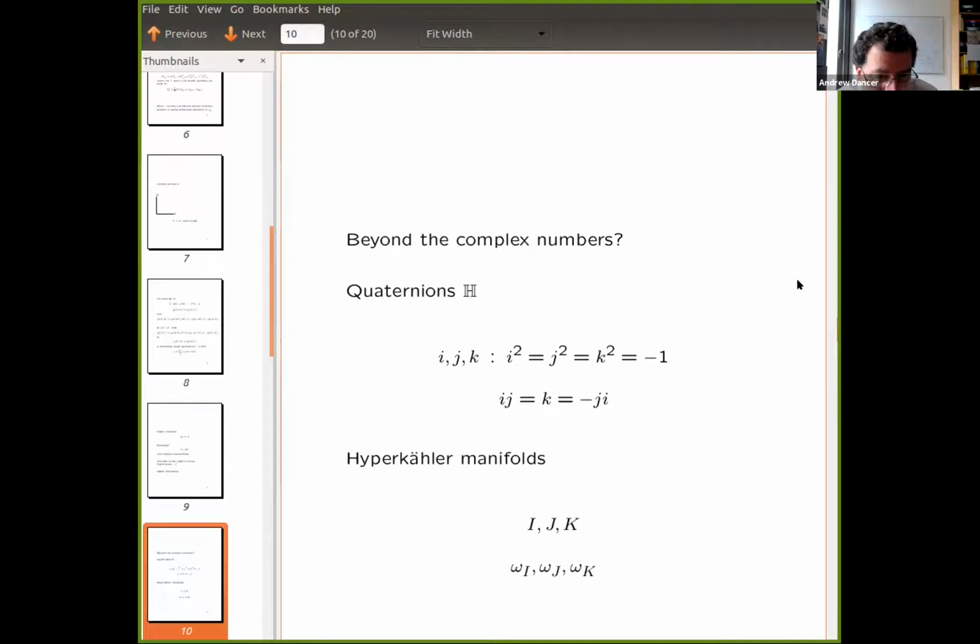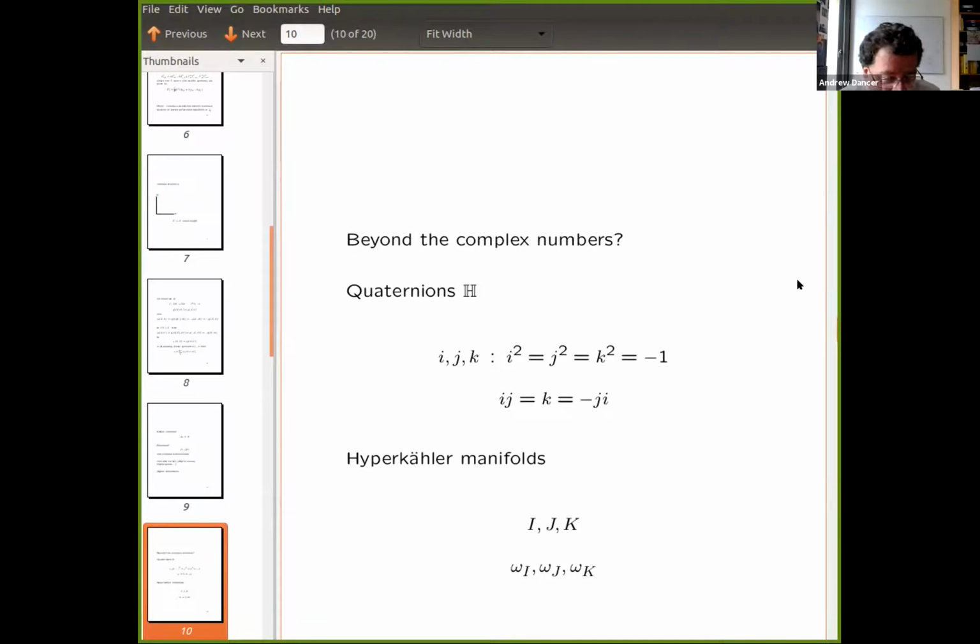They square to -1. But now they don't commute, they anti-commute. ij equals k, but ji equals -k, and we have the analogous relations under cyclic permutation. This was Hamilton's insight eventually, that to get the correct number system enlarging the complex numbers, you have to sacrifice commutativity to get something interesting. This was the roadblock that held him up for a long time.